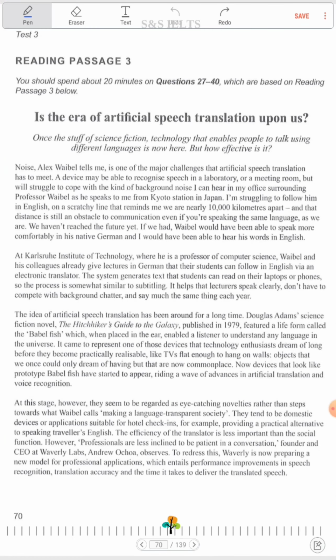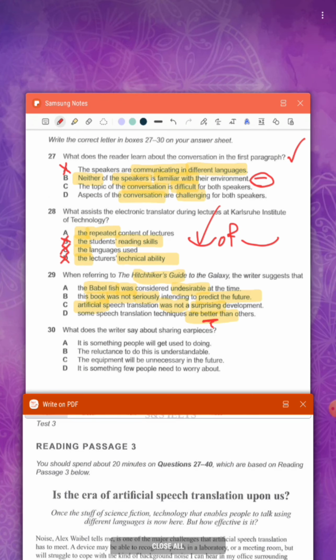There is no direct statement indicating that the book was not seriously intending to predict the future. This choice makes an assumption which is totally beyond the text. So B cannot be the answer.